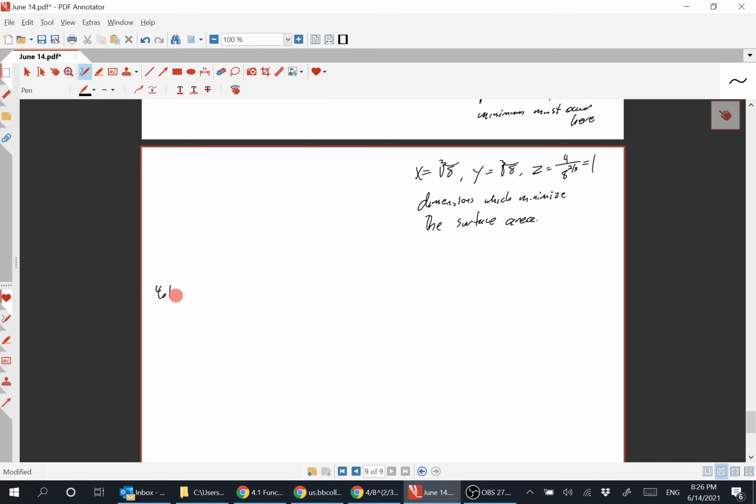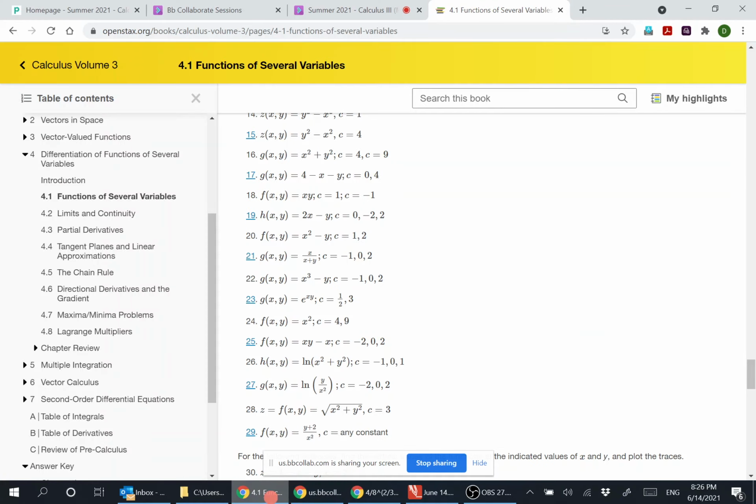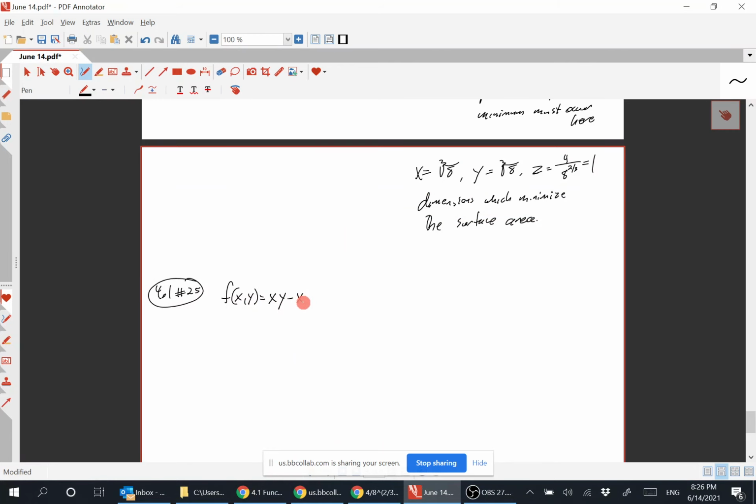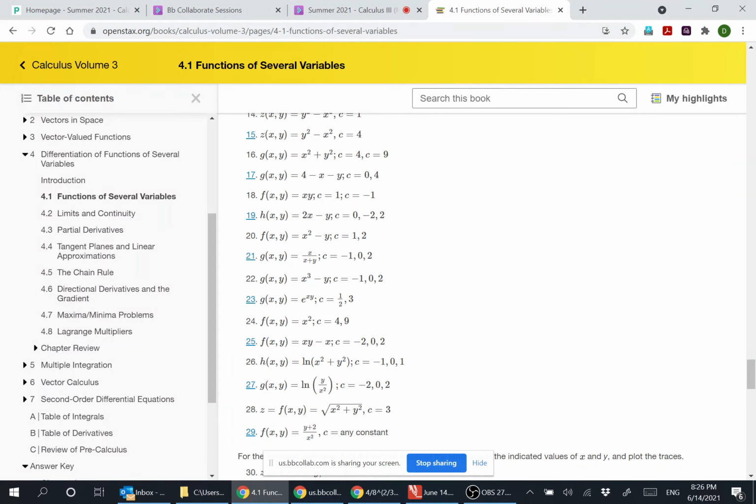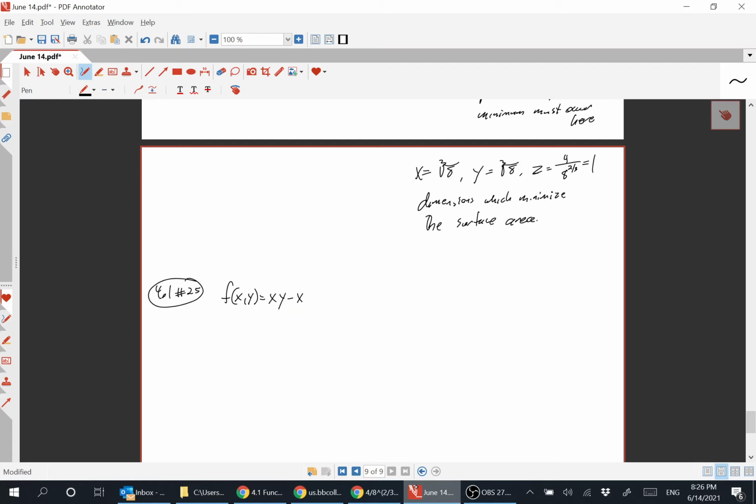So 4.1, number 25. So f(x,y) is equal to xy minus x. So they want to see level curves for c, or f equal to -2, 0, and 2. So draw level curves for f equal to -2, 0, and 2.